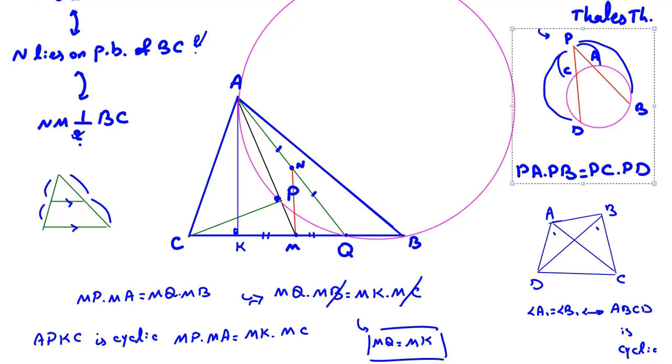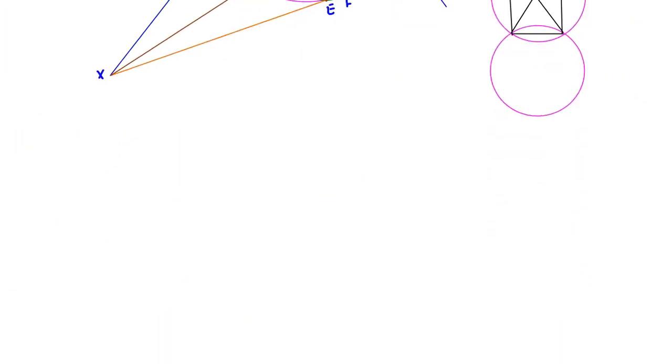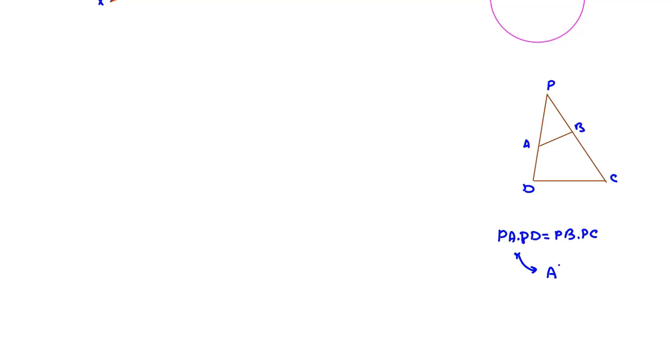And let me tell you exactly this idea another way. Suppose for example P is here, it is ABCD, PA times PD equal to PB times PC, if and only if ABCD is cyclic.